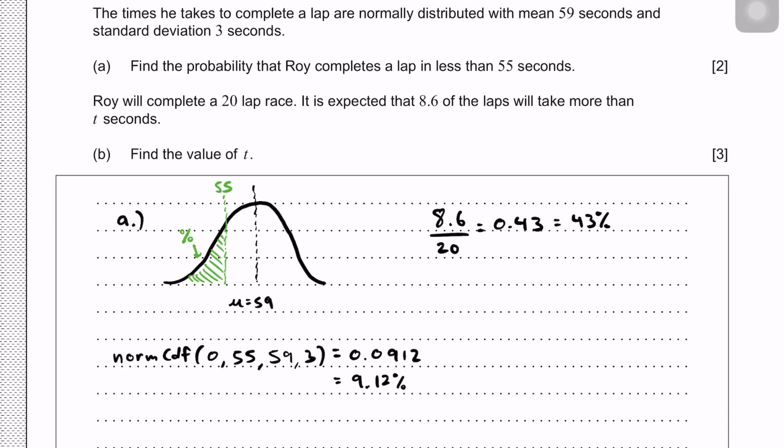And now if we rephrase this question, and we say that 43% of the laps will take longer than t seconds, this question becomes, in some sense, more manageable. 43% of his laps will be longer than, well, what is the value of t?